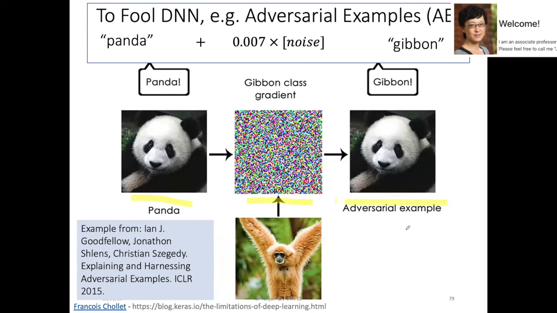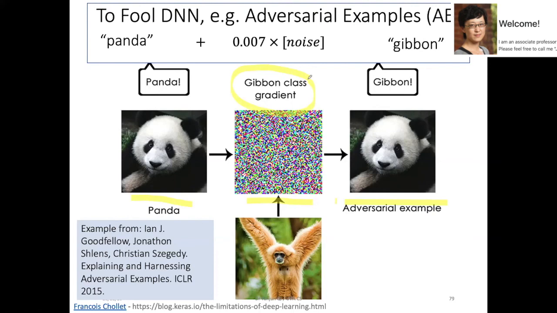For human eyes, this is still completely a panda, but it will be predicted as something else by the deep model. This created a whole subfield inside deep learning and machine learning: the robustness of deep learning models. Those models seem to be really powerful, but they're so sensitive to this type of noise.